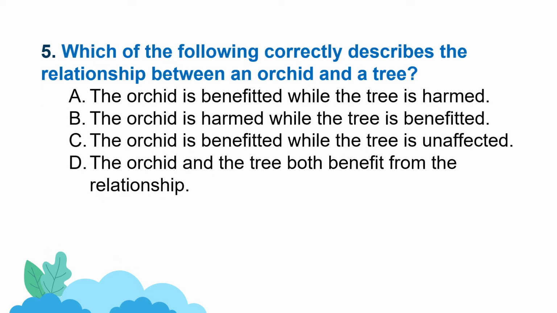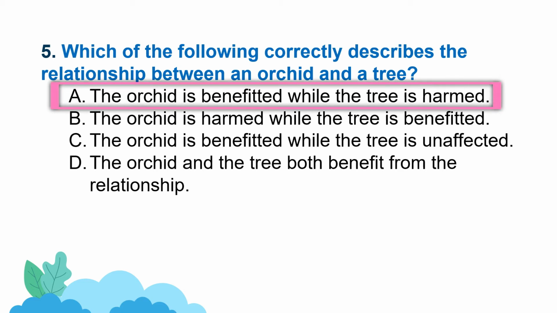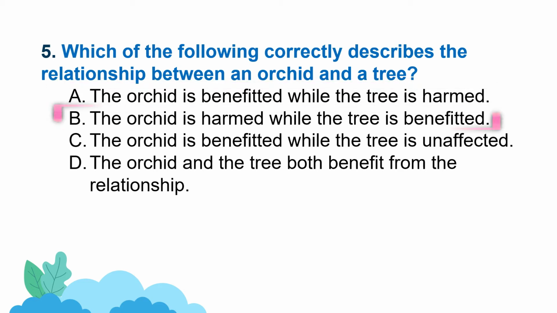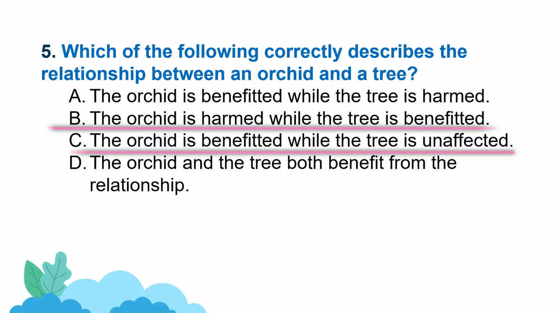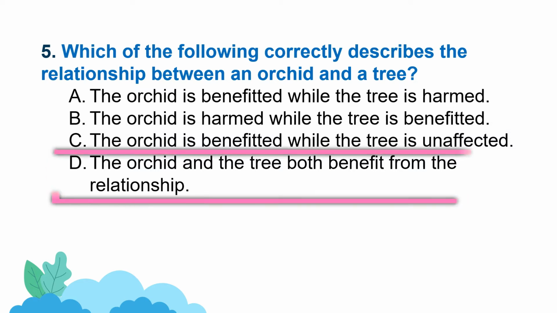Which of the following correctly describes the relationship between an orchid and a tree? A. The orchid is benefited while the tree is harmed. B. The orchid is harmed while the tree is benefited. C. The orchid is benefited while the tree is unaffected. D. The orchid and the tree both benefit from the relationship.